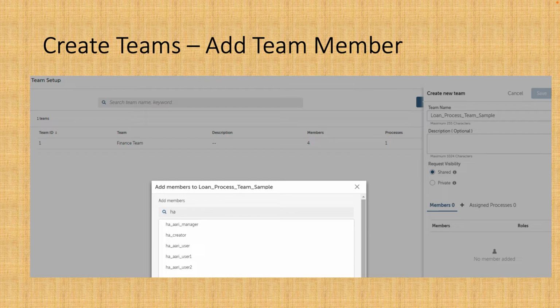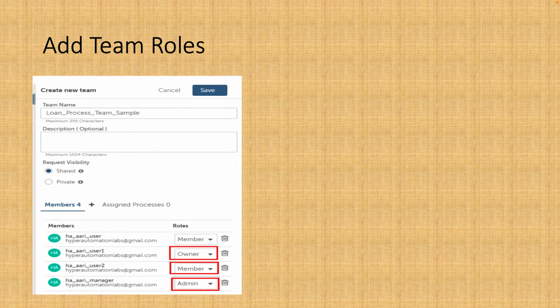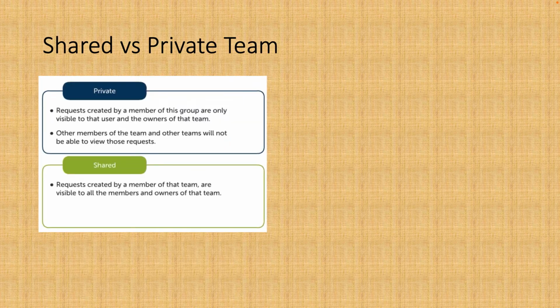And as soon as you apply that, it will be added to the team. If you see the roles on the right, I have highlighted the roles. The user's role in the team can be a member, owner, or an admin, and different roles have different capabilities. We'll talk about the abilities later.